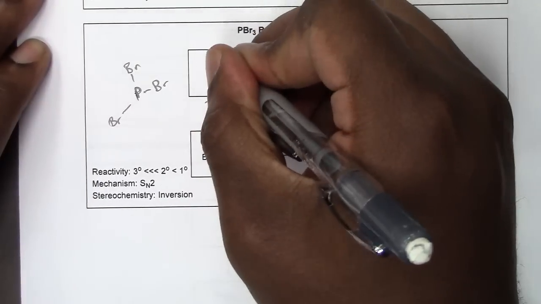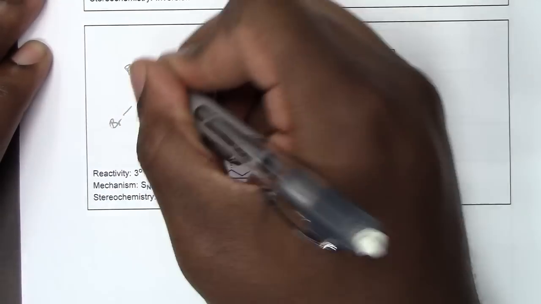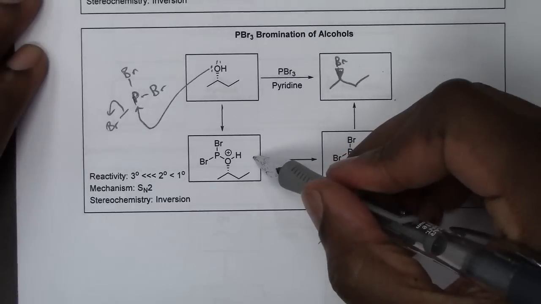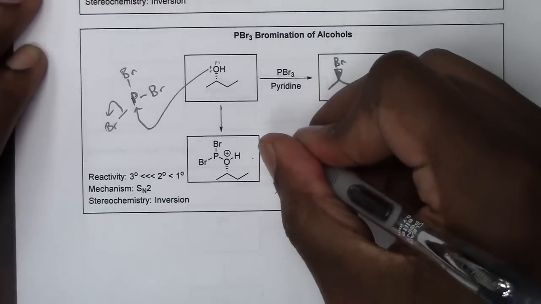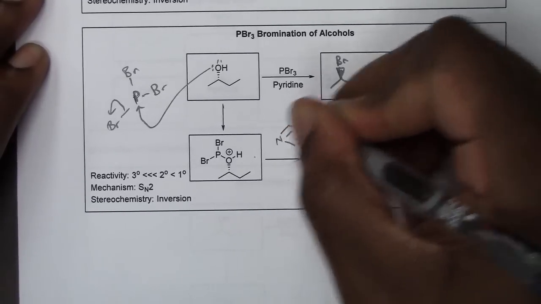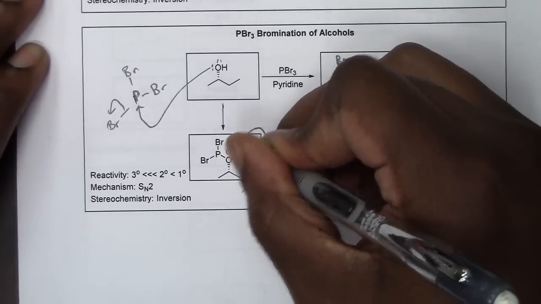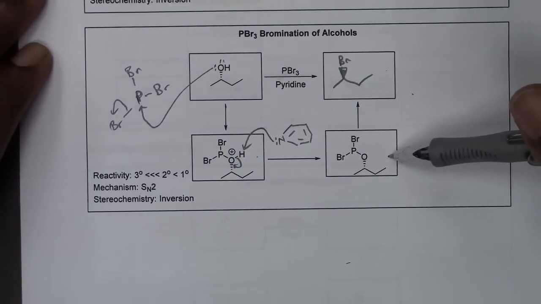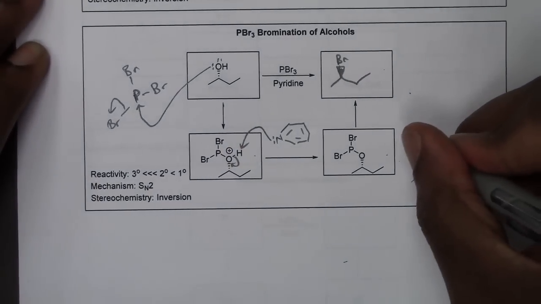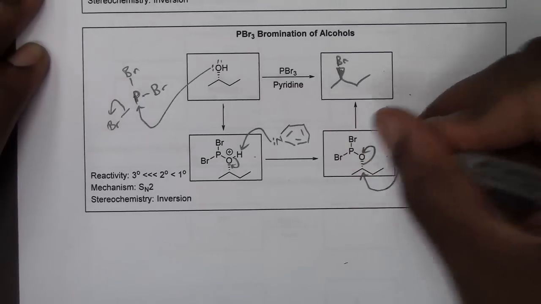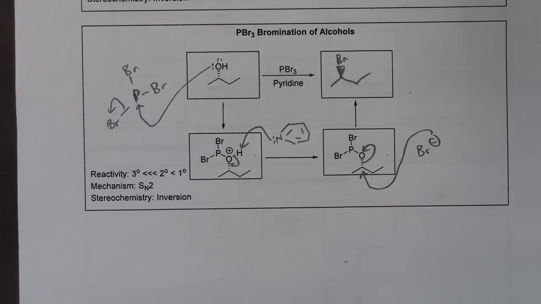Lone pair of electrons will reach out, attack the phosphorus, and kick off our bromine, leading us to this intermediate. Pyridine, again, is a base. It will deprotonate our oxygen, leading us to this structure. Our Br- can come in and attack from the back side, kicking our leaving group out, and we get our final structure.